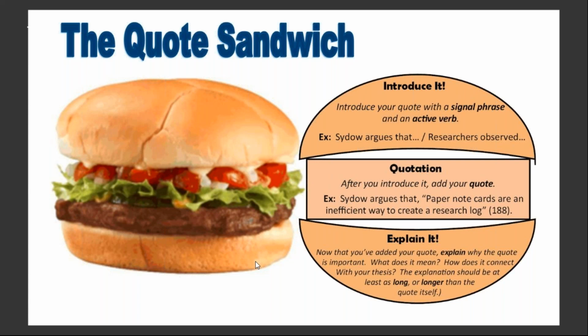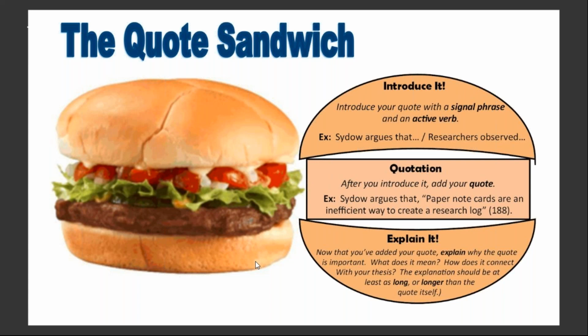So you're going to use a signal phrase to tell your readers that you're about to use source material. You might say something like, author's last name, cito, argued that, or researchers observed, and then provide your quotation or your source material, which is the meat of the sandwich.